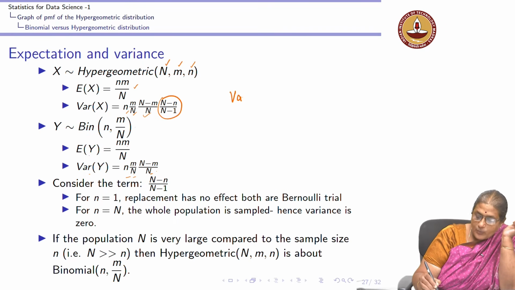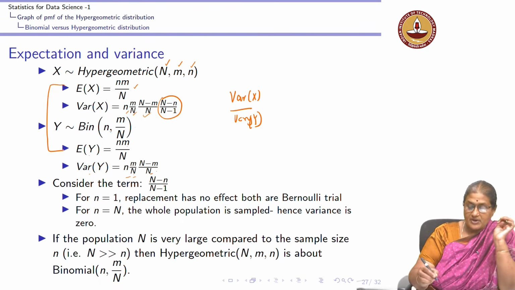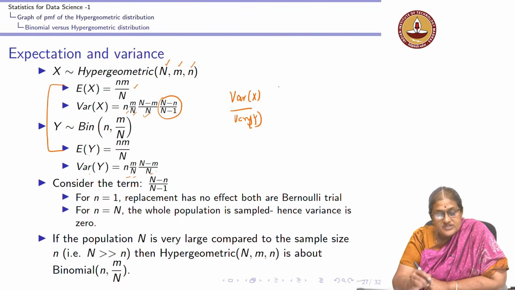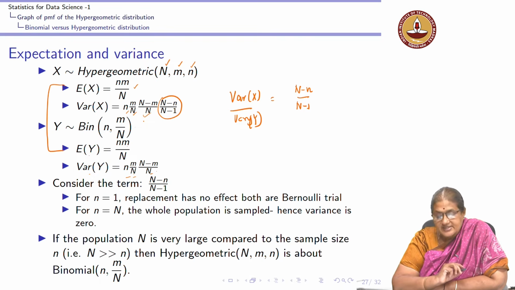So, if I look at variance of X divided by variance of Y, I see that the expectation of X and expectation of Y are the same. If I divide the variance of X by variance of Y, I just get N minus n by N minus 1. All other terms cancel out.